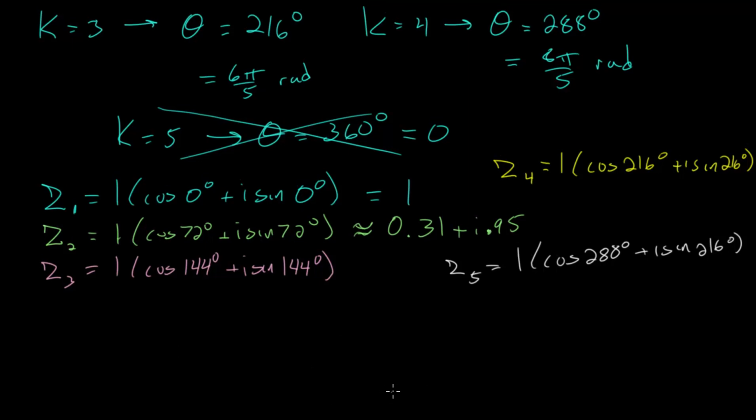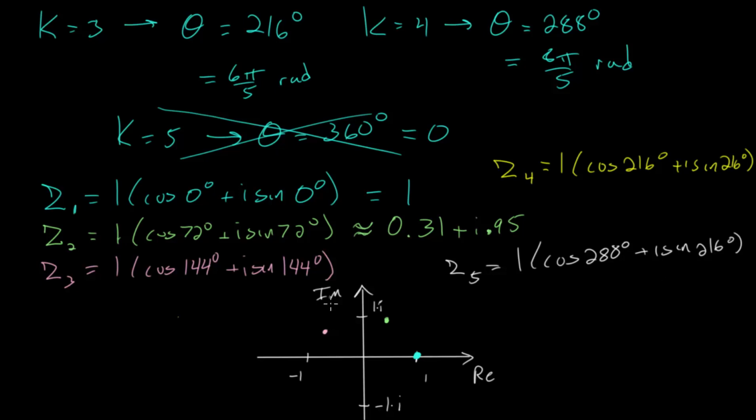So let me draw a quick sketch of the complex plane. And if we start plotting these points, z1 would be right here, a real part of 1. z2 has an angle of 72 degrees, or 2 pi over 5 radians, that would be roughly somewhere around there. This will not be drawn perfectly to scale. z3, that's at 144 degrees or at an angle of 4 pi over 5, so that will be maybe right about there.